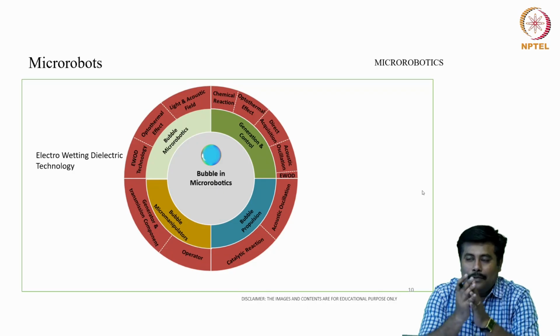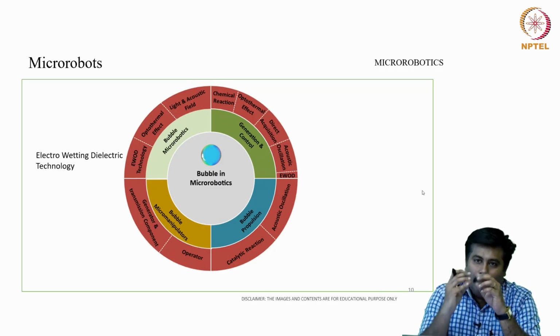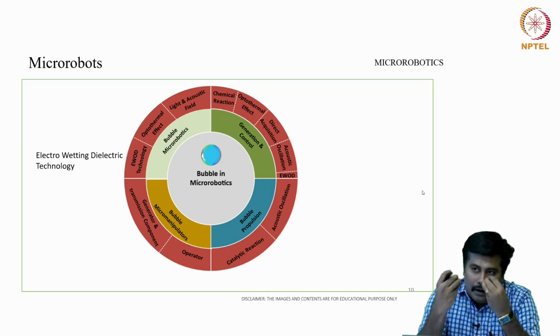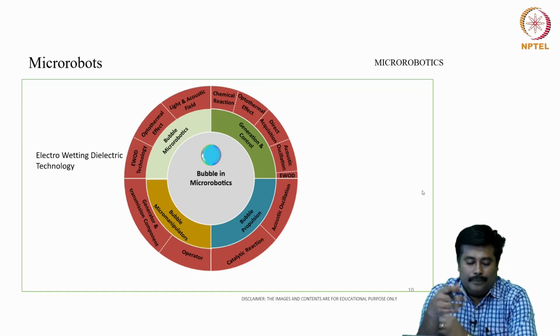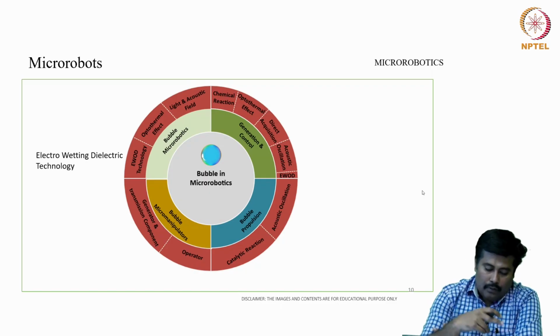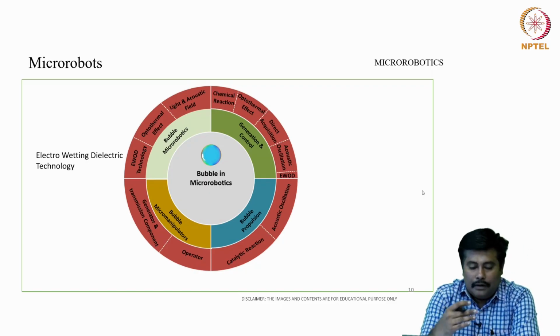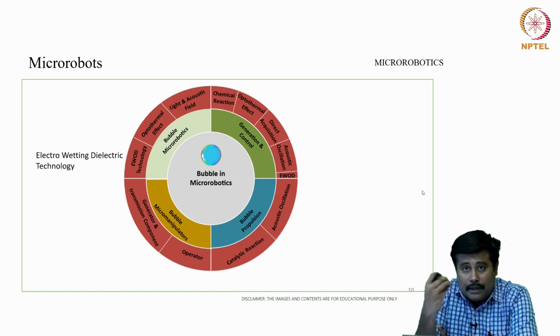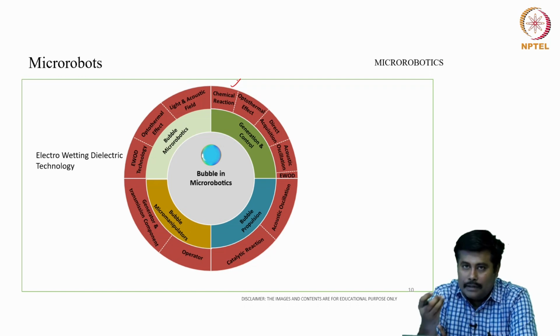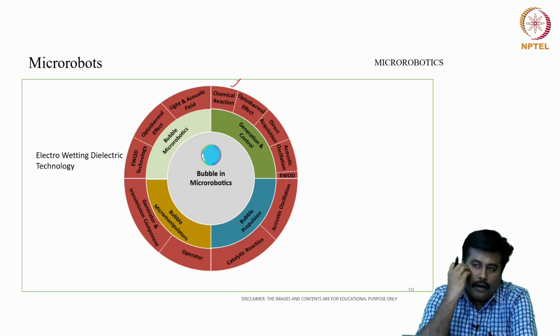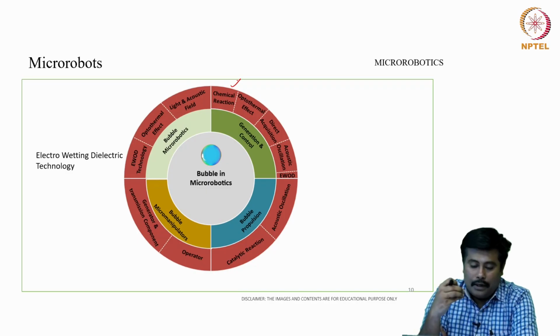These bubbles have an impact towards manipulating either the product or the micro robot based on different needs. There are different sources of this bubble formation. One is through chemical reactions, a reaction through a chemical in a particular environment.